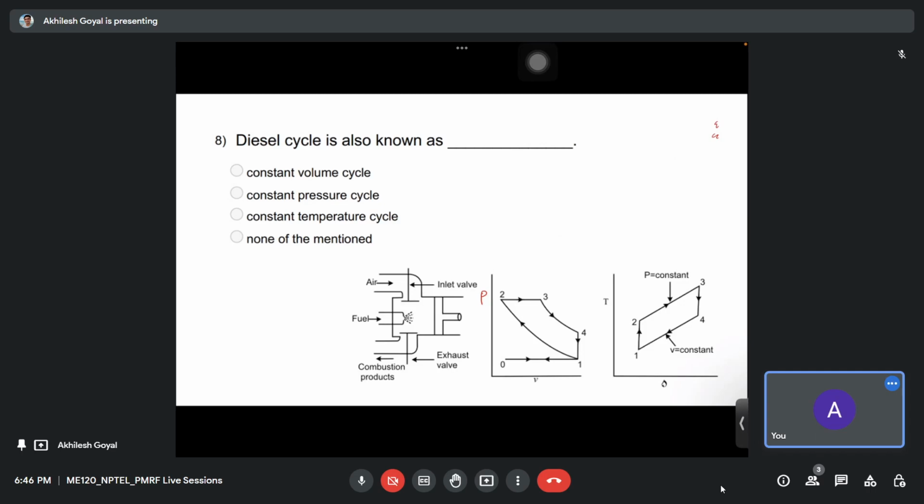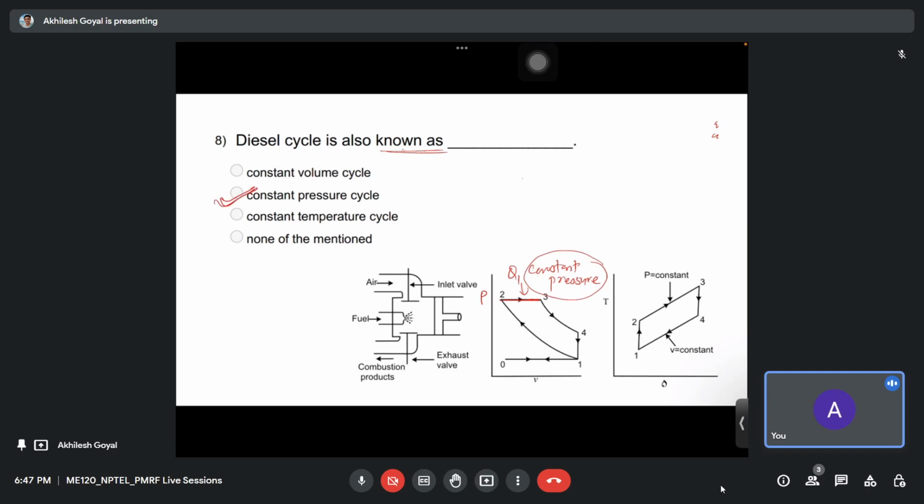Here the heat is being added at constant pressure, and other things remain the same compared to the Otto cycle. Okay, so the diesel cycle is also known as the constant pressure cycle because the heat added here is at constant pressure. So this is the right answer.